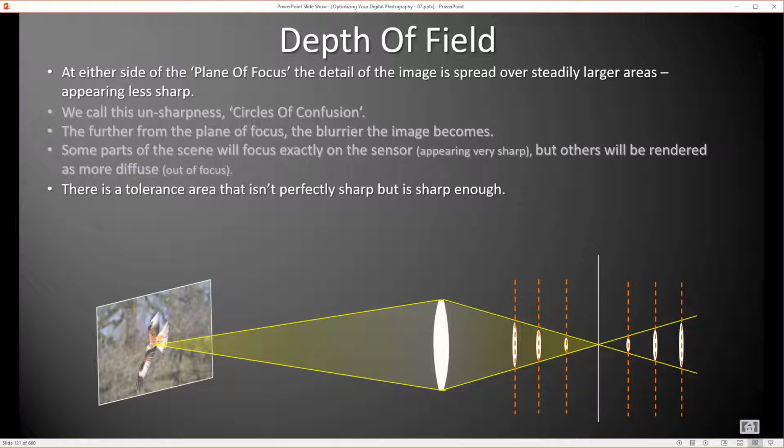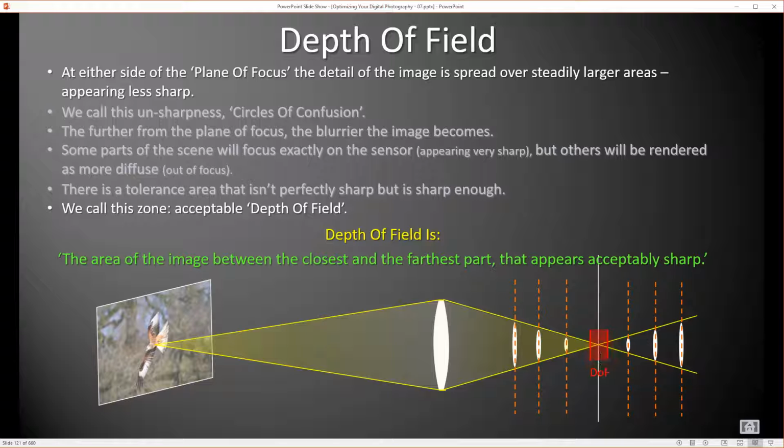Now there's a tolerance area that isn't perfectly sharp, but is sharp enough, and we call this the acceptable depth of field. In this instance, we could say that everything that's sharply focused on the sensor is okay, and everything that's not quite sharp is also sharp enough. It looks reasonably sharp, and we call that depth of field.